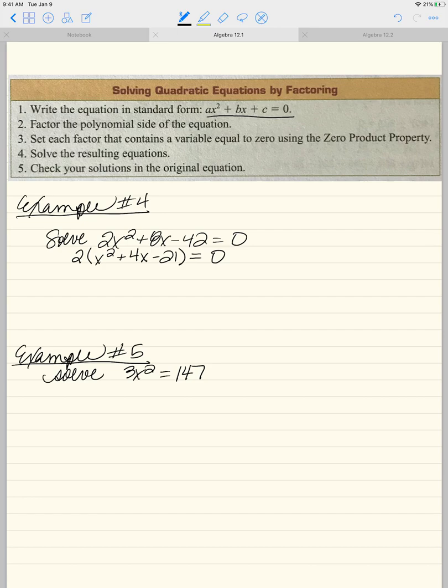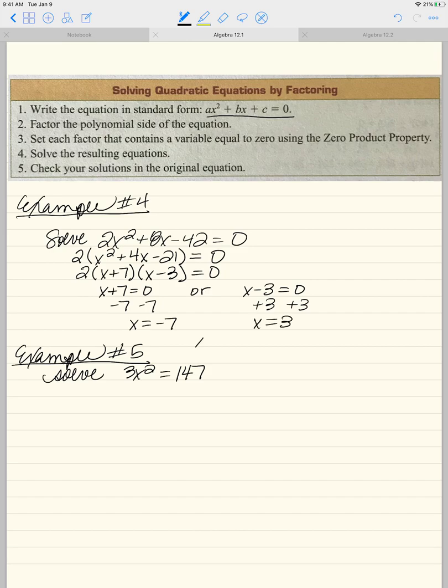We need 2 factors of 21 that when we add them together equal positive 4. That's positive 7 and minus 3. So that is 2 times x plus 7 times x minus 3 is equal to 0. So what that tells us is that x plus 7 is equal to 0, or x minus 3 is equal to 0. Subtract 7 from both sides, add 3 to both sides, and we get x is equal to negative 7, or x is equal to 3. So x is negative 7 or 3.